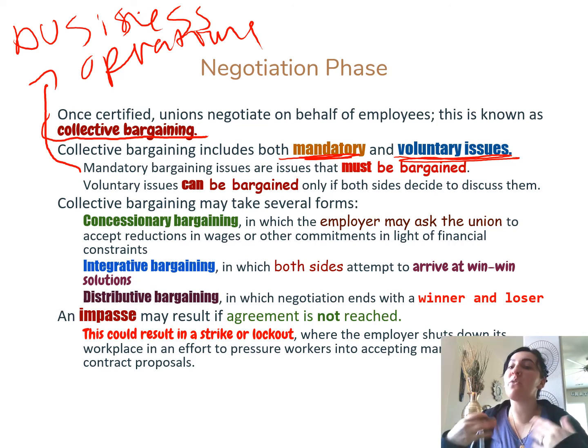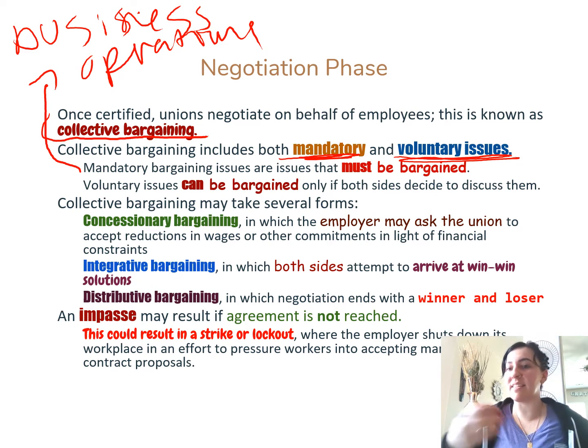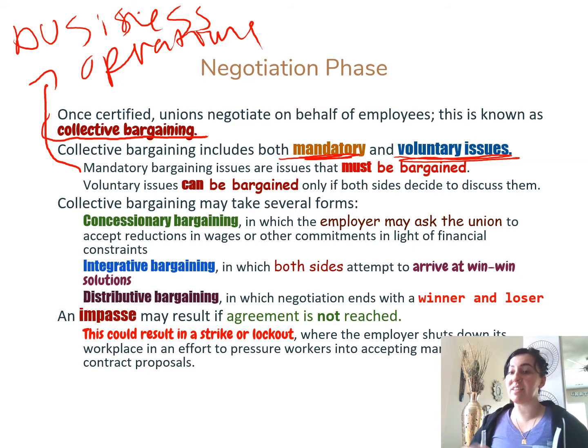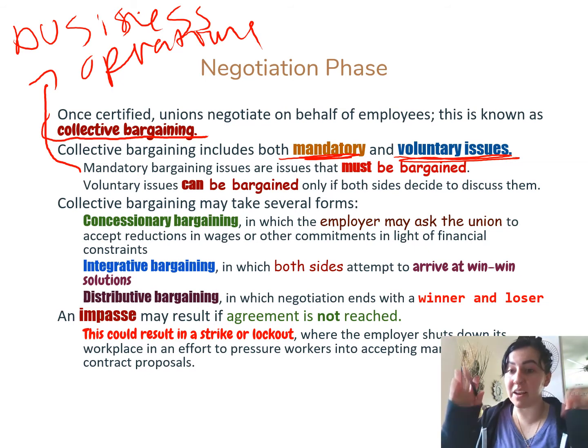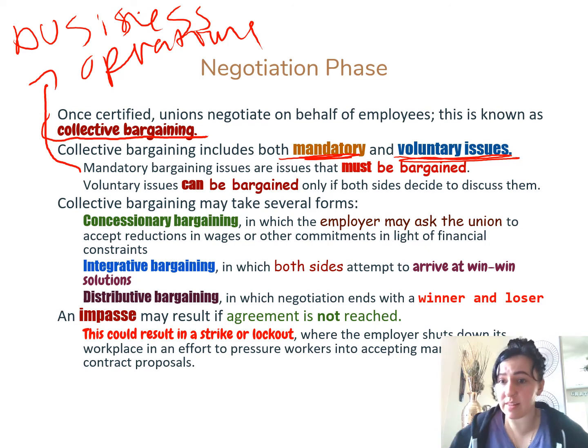Then your voluntary issues can be bargained if both sides decide that they want to discuss them. So one side can actually say, we don't even want to hear it because it's not critical to operations. Don't care. So that can actually happen.